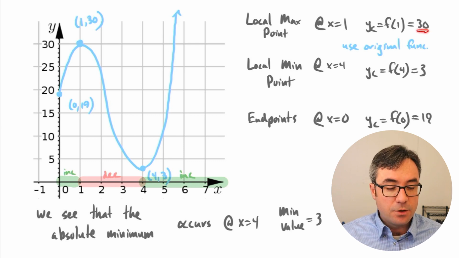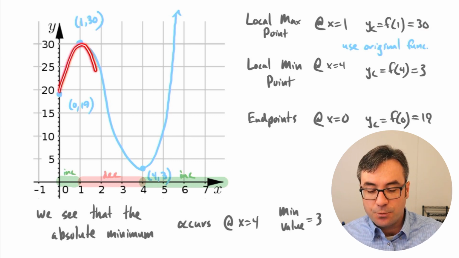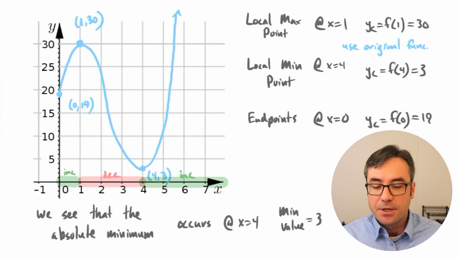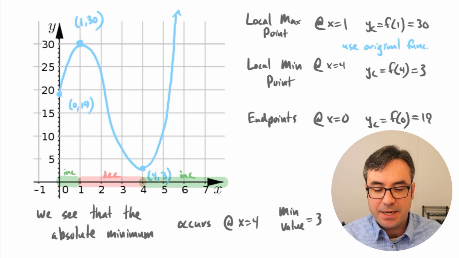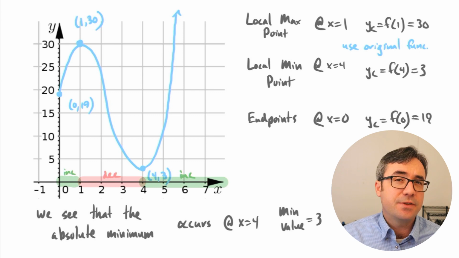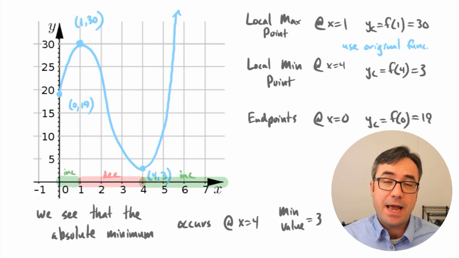Now, it looks like 30 would be the absolute max, but because of our sketch, we see that the function keeps going up and up and up. So x equal to 1 isn't an absolute max because there's this section of the graph that keeps getting higher and higher. So that's why we need the sketch to help us identify if we do have an absolute max or an absolute min.